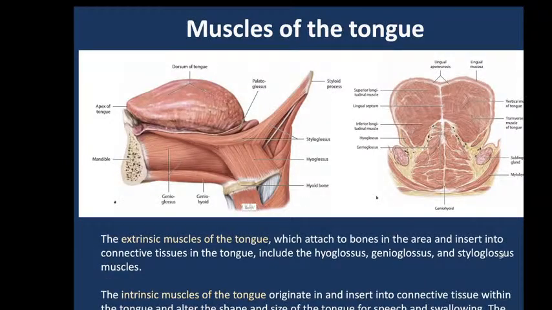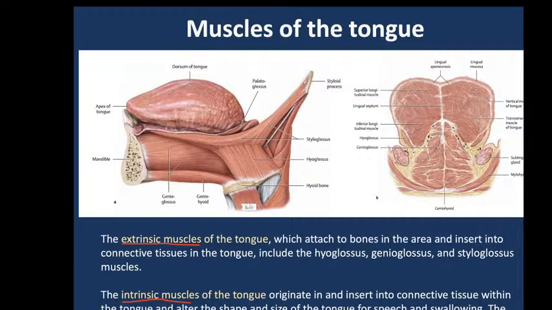Because the tongue has a lot of muscles, we divide them into two groups, that is extrinsic muscles and intrinsic muscles. What is the difference between them? These are extrinsic muscles.